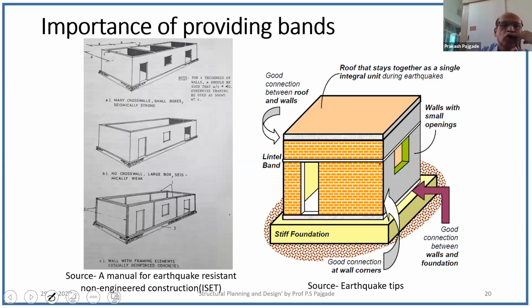See, whenever there are cross walls, they will support the long wall and the behavior will be better. If very long walls are there, then these walls are not stable. There must be some framing element. Otherwise, overturning of these walls will be possible.